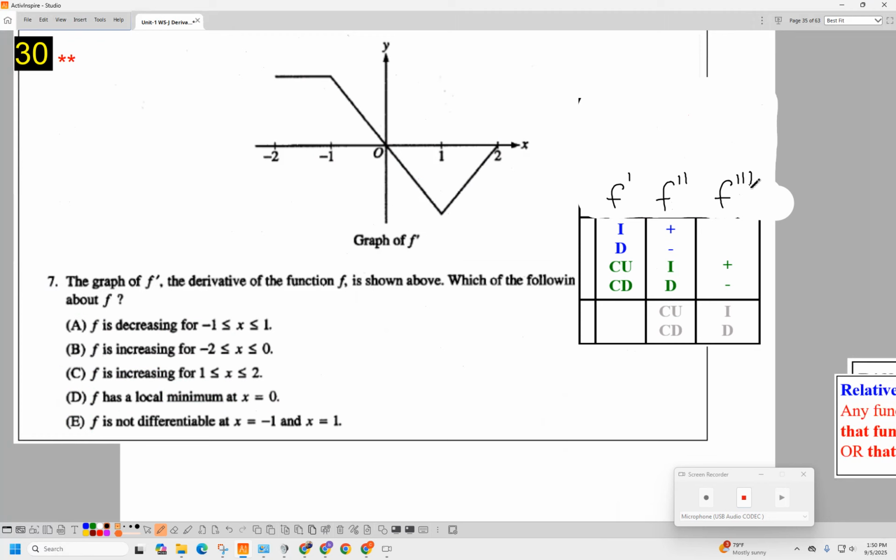Because the columns aren't what I would call absolute, they're relative. Their relationship is with each other, not with anything absolute. So this little part here, Hannah, is just a repeat of this right there. I had F prime over in this column, and I had F double prime in this column.